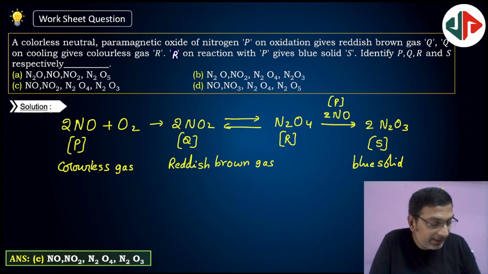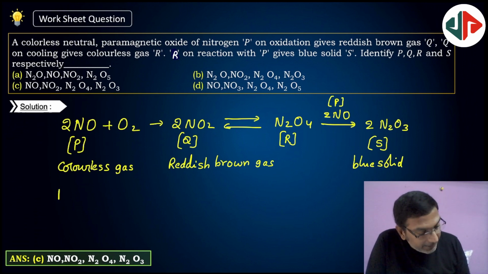Dinitrogen trioxide or nitrogen sesquioxide. So once again, colorless neutral paramagnetic gas NO reacts with O2 to form NO2, which is reddish brown, that is Q. NO is P, NO2 is Q, which on cooling gives N2O4, colorless gas. That on reaction with P gives blue solid N2O3, dinitrogen trioxide or nitrogen sesquioxide.